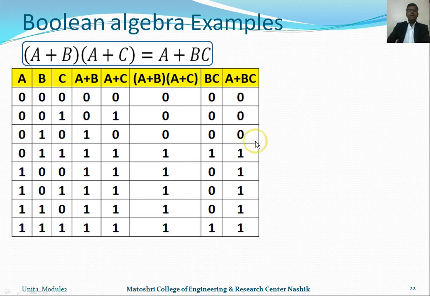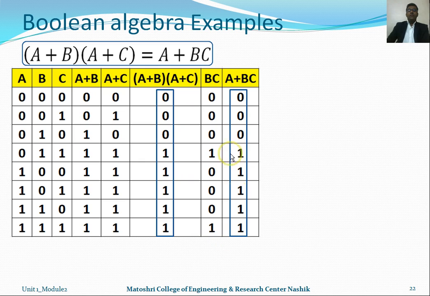Here it clearly indicates that for all the input possibilities, the output generated is the same. So the Boolean algebra expression for this example is shown here: the left hand side is equal to the right hand side.